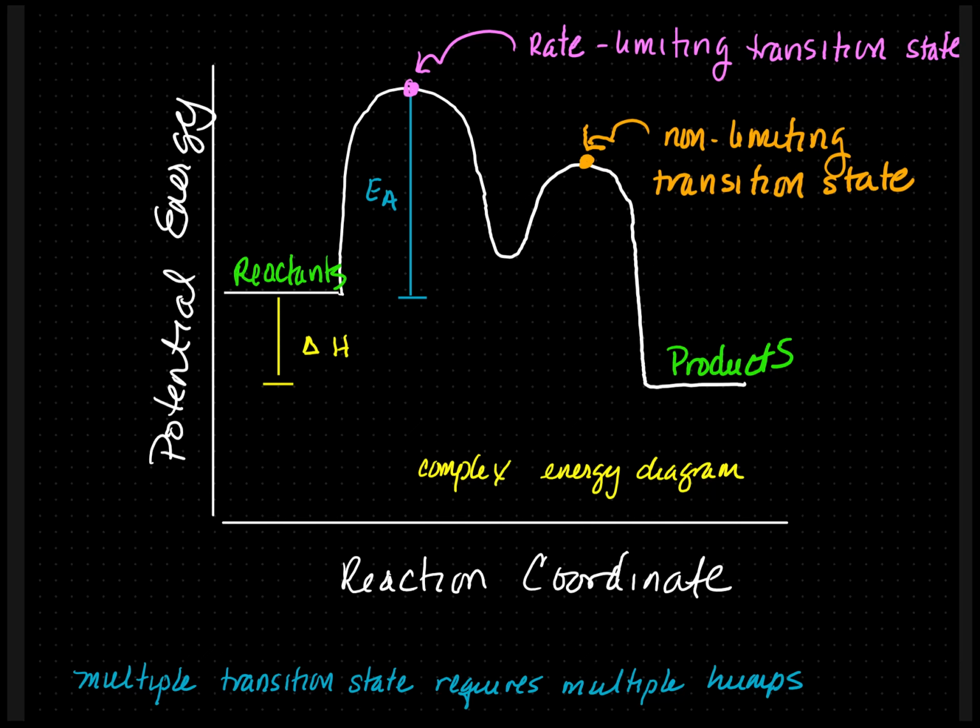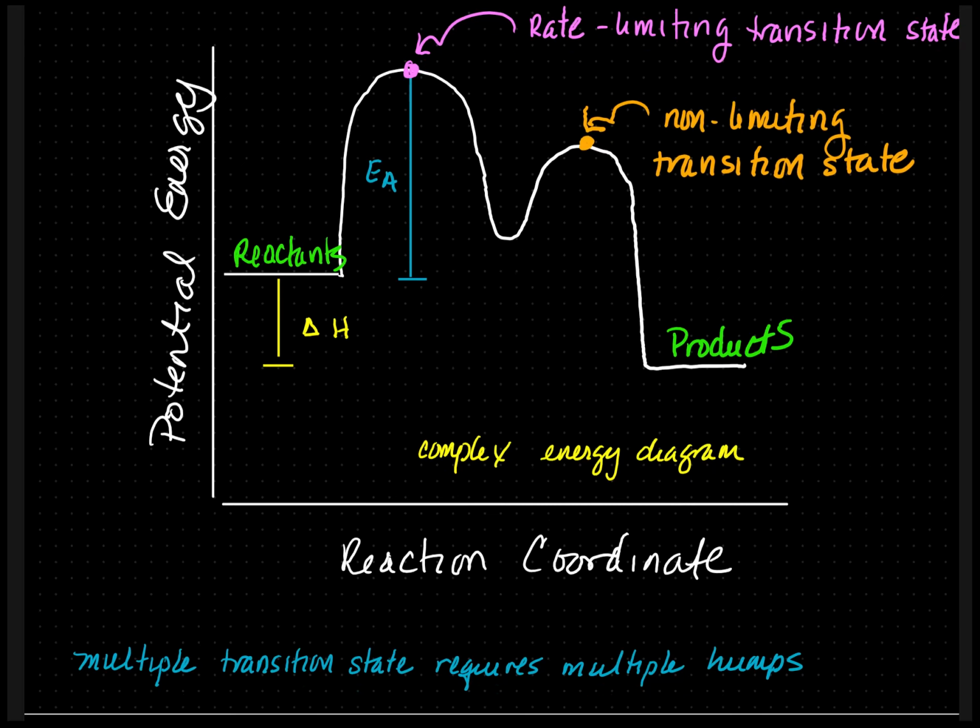The reaction can only go as fast as the limiting factor. If it needs a higher activation energy, that means it's going to be harder to get there if the available energy is not present. Note, multiple transition states require multiple humps, or you could call them bumps if you want.